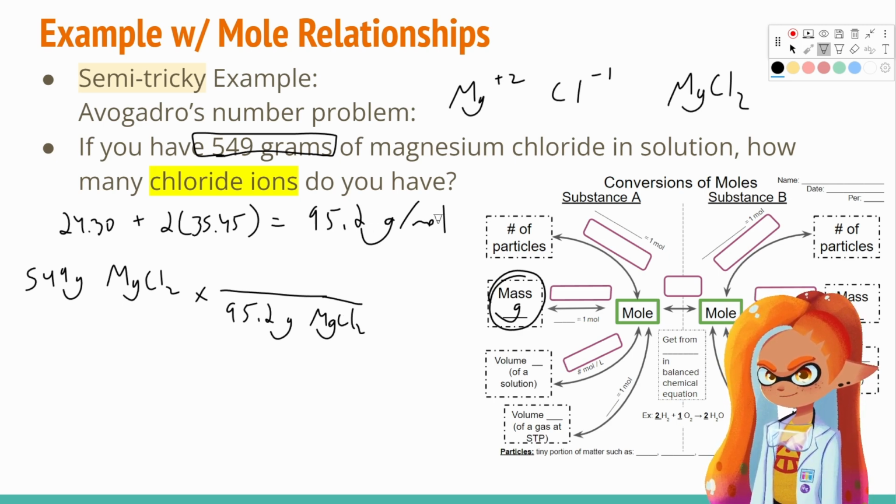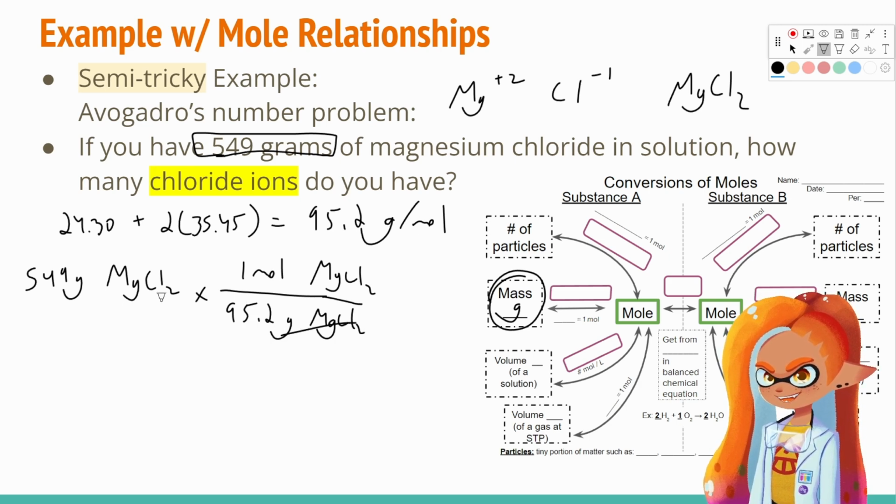And so this conversion factor here is that. Remember that anything slashed is 1 of whatever unit is here, so that is 1 mole of that substance. So 1 mole of MgCl2. Again, this conversion factor here was just based off this.